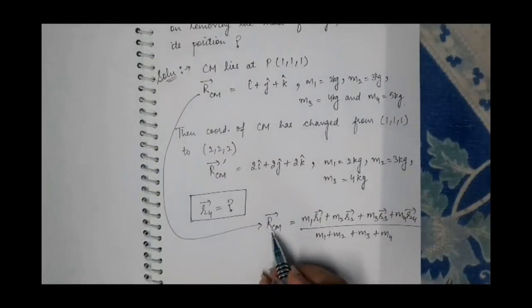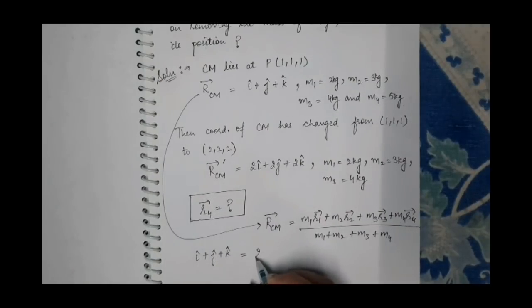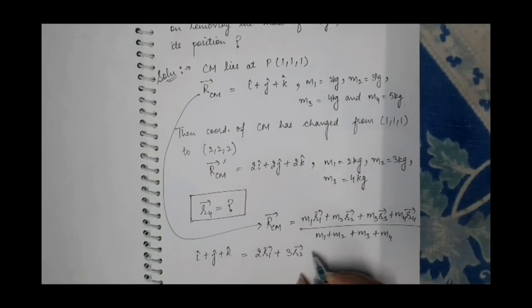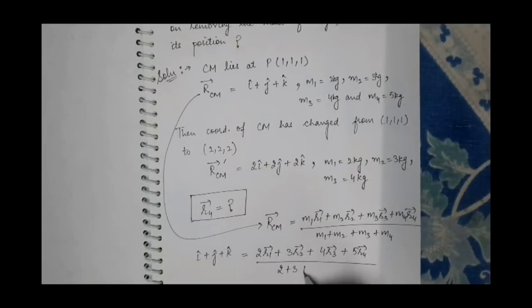Putting the values, this position vector, it is i cap plus j cap plus k cap, and it is equal to 2r1 plus 3r2 plus 4r3 plus 5r4 divided by 2 plus 3 plus 4 plus 5.